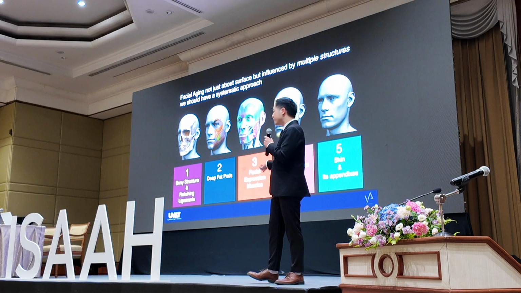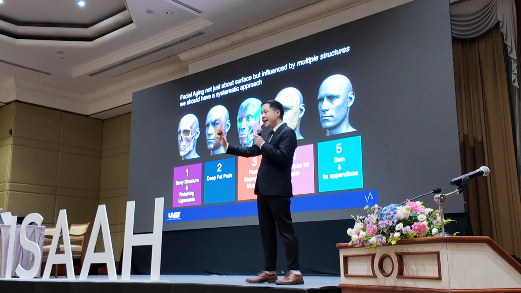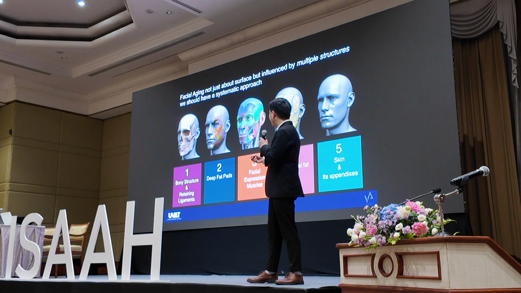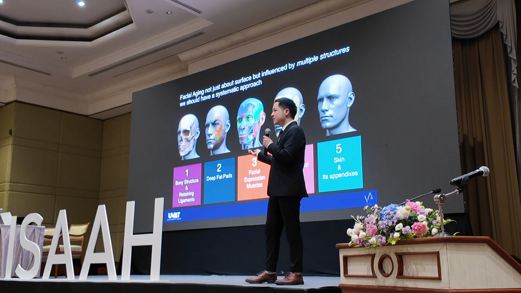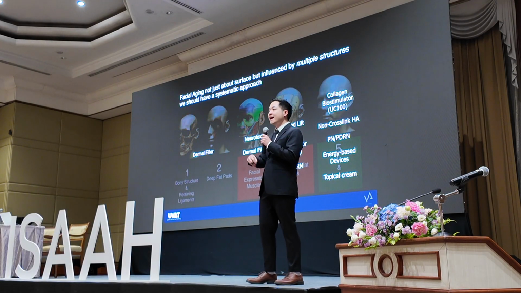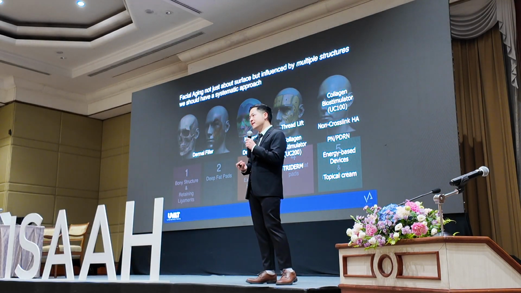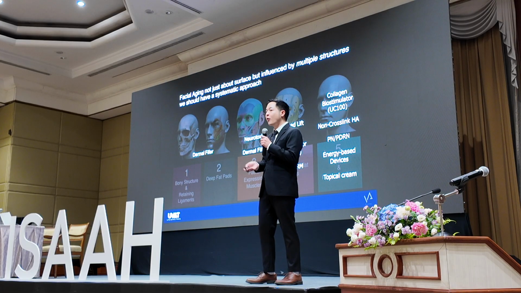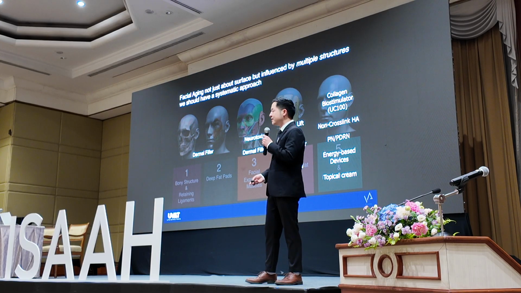Now, as I mentioned before, we have 5 layers of the face, and the bone and the fat. So we always use all of these. But in Thailand, we have the Outdoor V Aesthetic training team that created a systematic treatment for all of these layers.